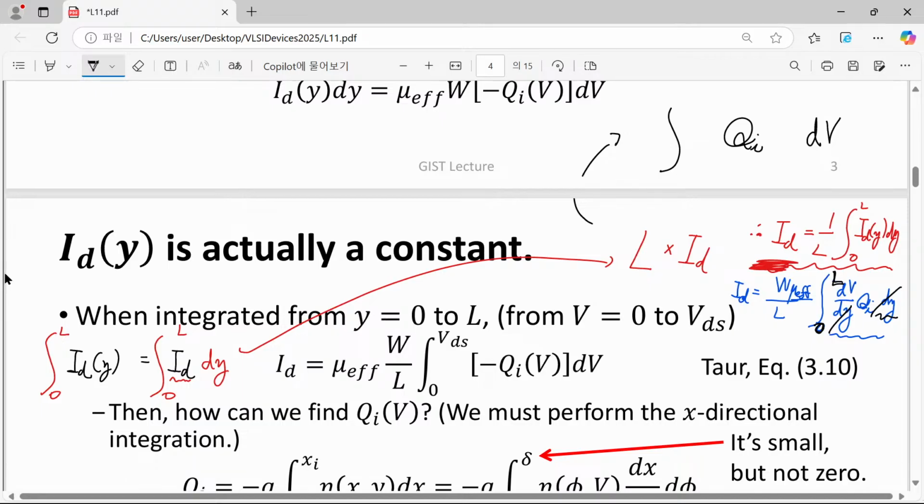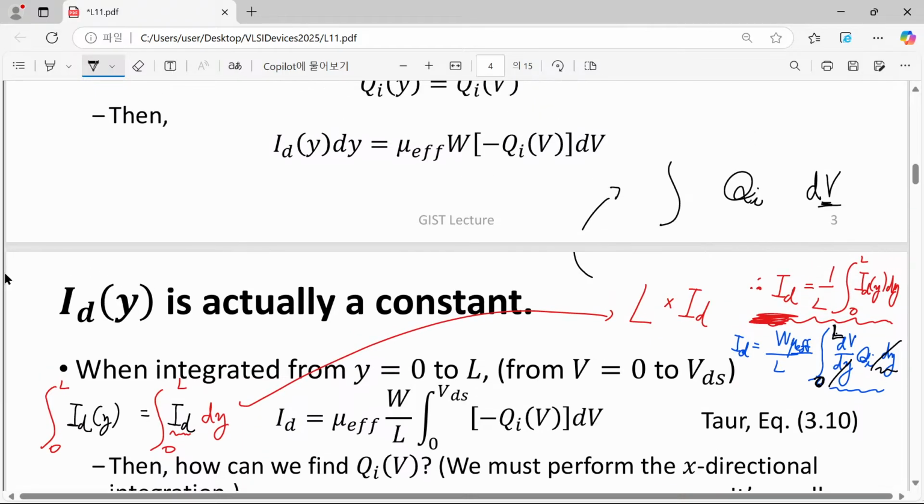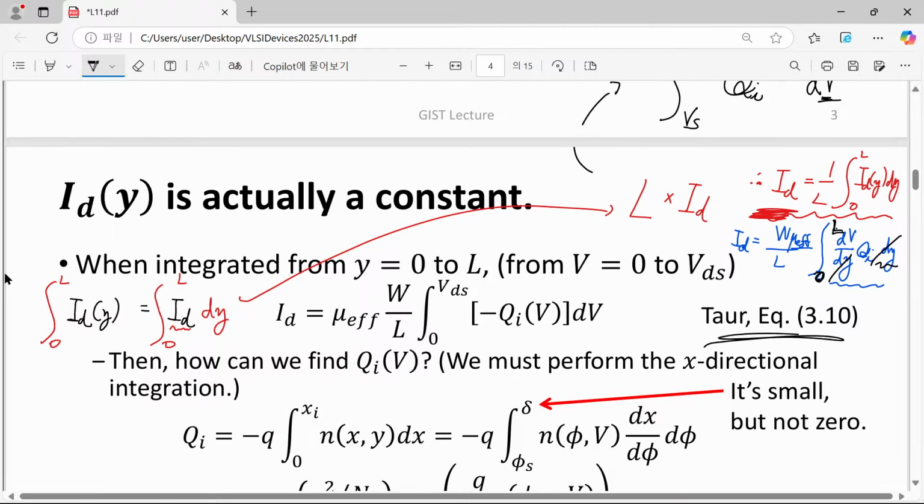And from source side to drain side, our electrostatic potential changes from what to what? From source voltage to drain voltage. So that's the reason why now we have this expression.